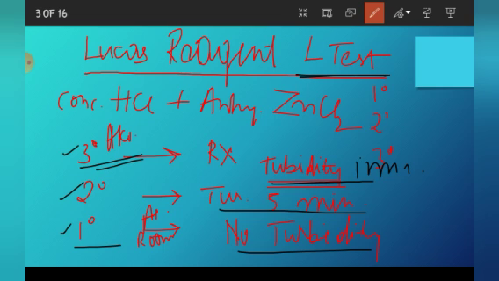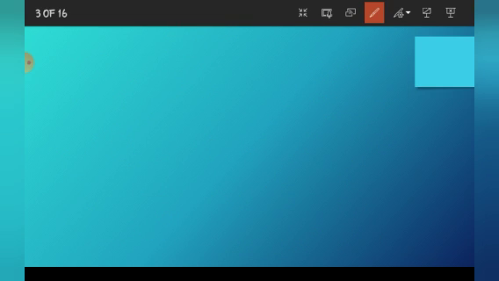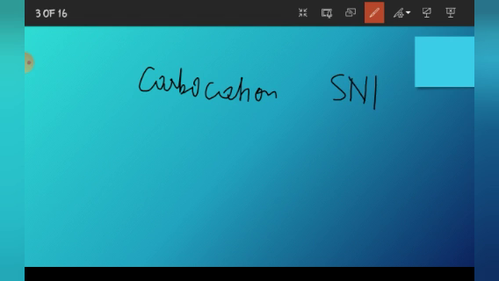Now one more question that can arise is, why does 3 degree alcohol give turbidity immediately? See students, this reaction takes place with the formation of carbocation and it follows SN1 mechanism. All these things we have studied in haloalkanes, so if you have not seen the video, go through it so that these concepts are clear.